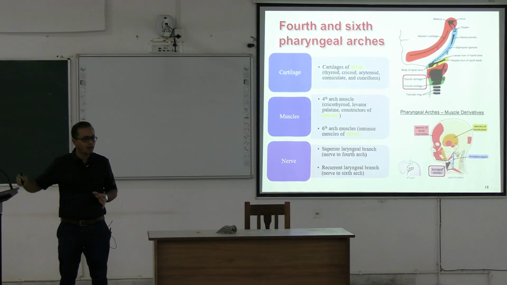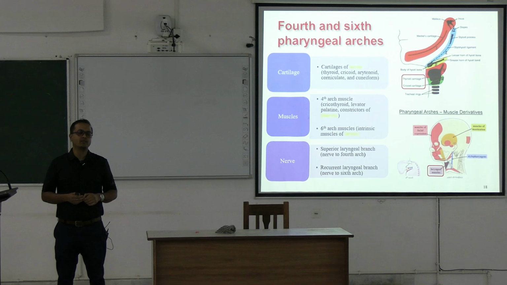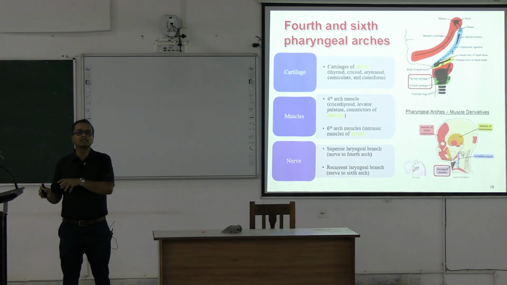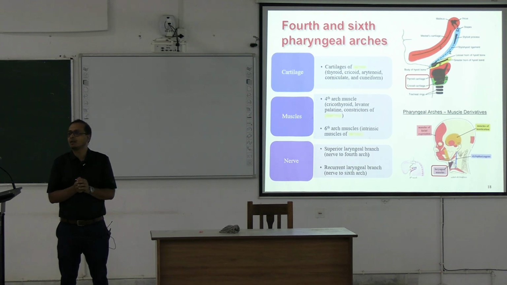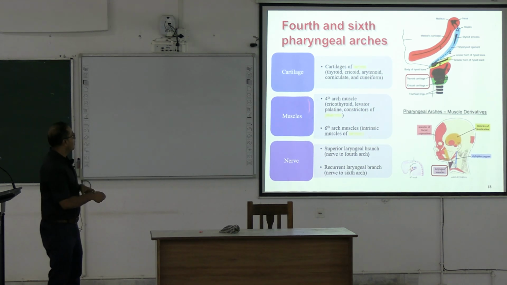The inferior laryngeal nerve supplies the larynx, and we call it the recurrent laryngeal branch. The recurrent laryngeal branch supplies the muscles of the larynx, which are produced by the mesenchyme of pharyngeal arch number 6. The mesenchyme of pharyngeal arch number 4 contributes to the muscles of the pharynx, such as the constrictor muscles.